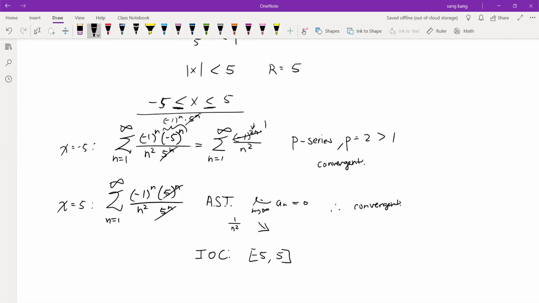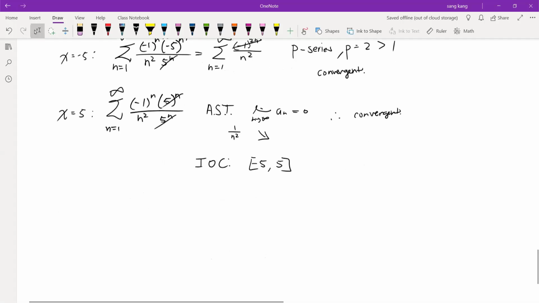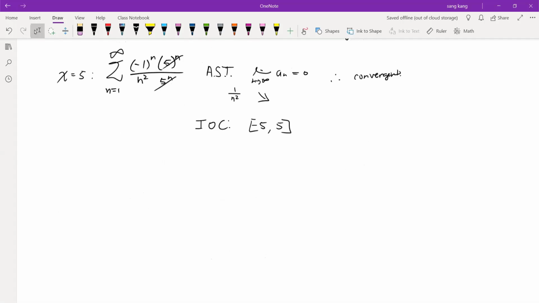Okay, let's see. So I'm gonna skip the next one and go to Maclaurin series because it looks like we're starting to run out of time. Okay, so we'll look at one of the Maclaurin series problems. We have f of x equals x squared over 1 plus x.